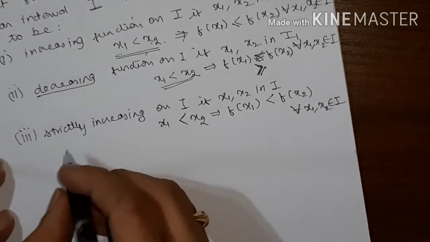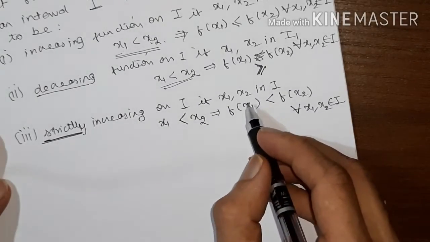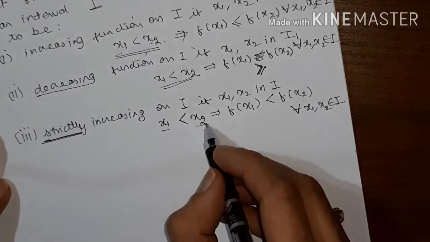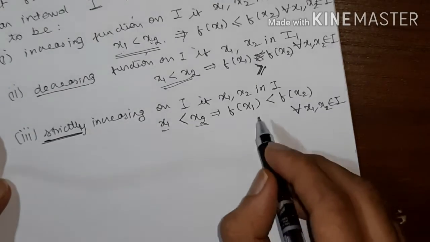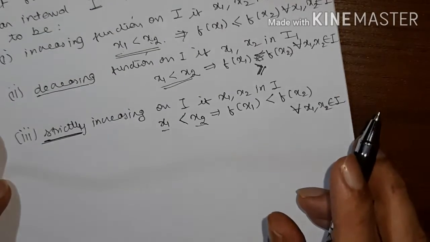So the function will be called strictly increasing if x1 and x2 are in the interval and x1 is less than x2 implies f(x1) is strictly less than f(x2), right?